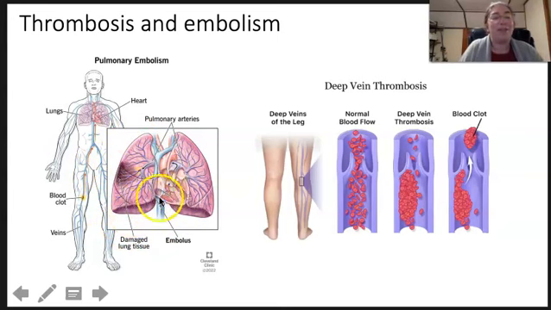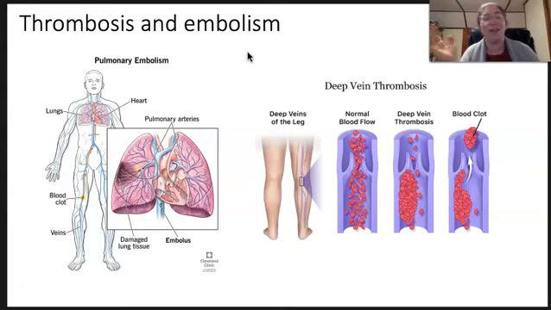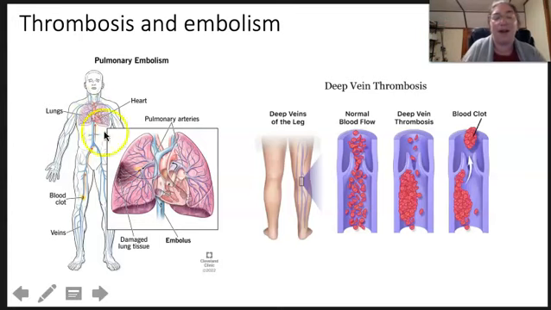If it is a particularly large one and it blocks like the main pulmonary artery, death is pretty much instantaneous. And so this is a very serious condition. If it's a smaller area, there might be chest pain and shortness of breath that someone experiences. But if it's a large one, then they often just lose consciousness and are not breathing and die very quickly.